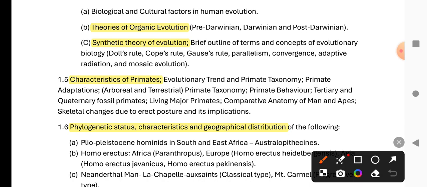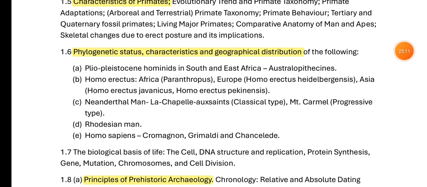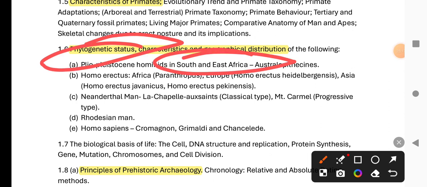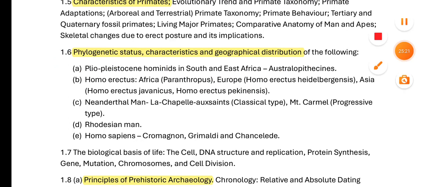So we will study all these fossil evidences, like Pleistocene hominids, and the various South and East African hominids, like Australopithecus.